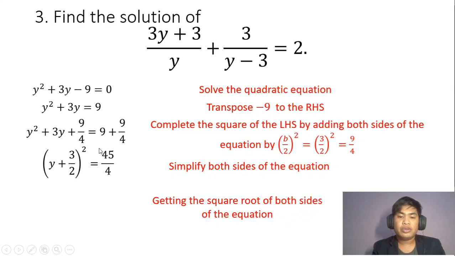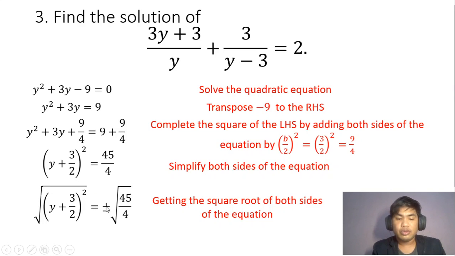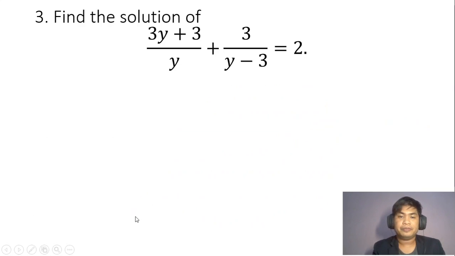So we're going to get the square root of both sides of the equation so that the square disappears. If you take the square root, remember, there should be a plus or minus sign. So we have here the square root of (y + 3/2) squared is equal to plus or minus the square root of 45/4. So we simplify: 45 we can write as 9 times 5 over 4.